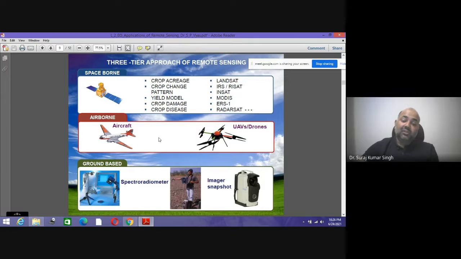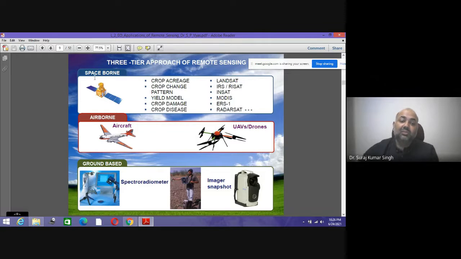For airborne, everyone is very familiar with the term UAVs, unmanned aerial vehicles, and drones that are used for crop acreage, crop yield, and regional studies.